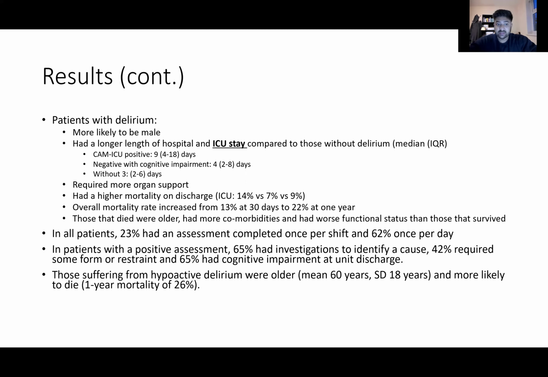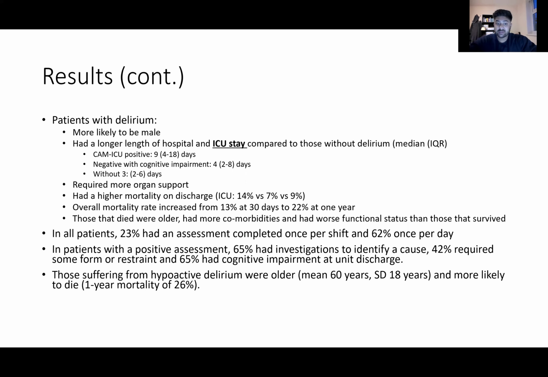It was also recognized that those that died were older and they had more comorbidities and they had worse functional status than those that survived. So this is a confounding variable that may have also affected the mortality rate of these patients, but it can also be suggested that these are the patients that are more likely to suffer from delirium.